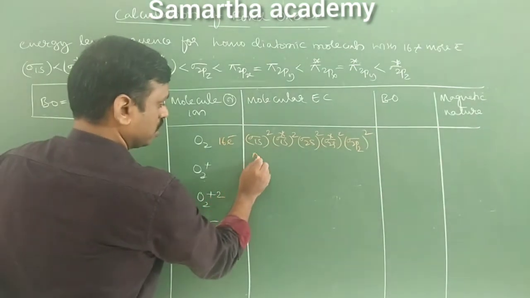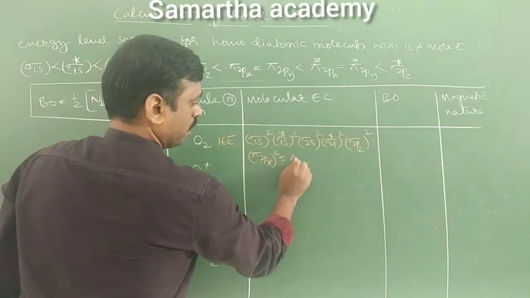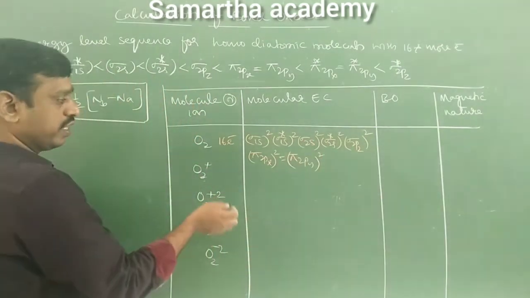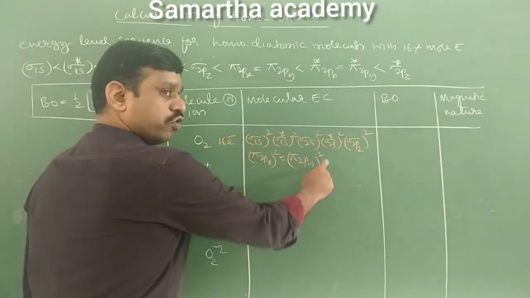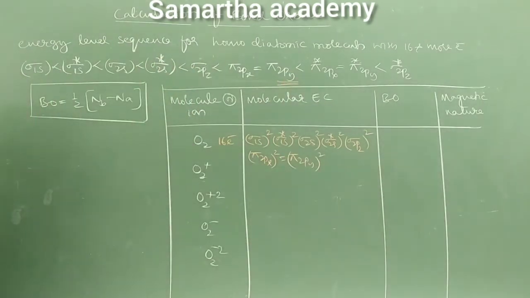The next is pi 2px2, pi 2py2. Then count the electrons here: 2, 4, 6, 8, 10, 12, 14. So till here we filled 14 electrons.